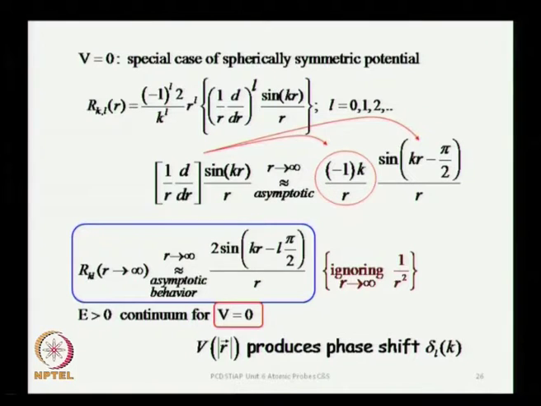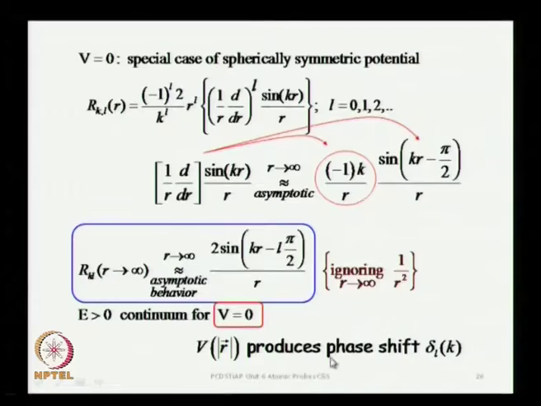Now our interest of course is in having a real potential, and what the potential does is that this argument kr minus L pi by 2 is further displaced by another phase shift. So you will get a solution which will again be a sinusoidal function, but the argument of that function will be kr minus L pi by 2 plus a certain phase shift, which will depend on the L quantum number, the orbital angular momentum quantum number.